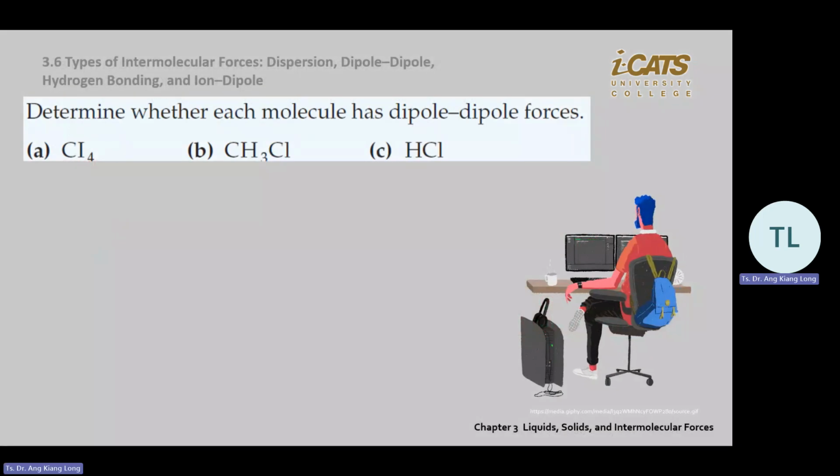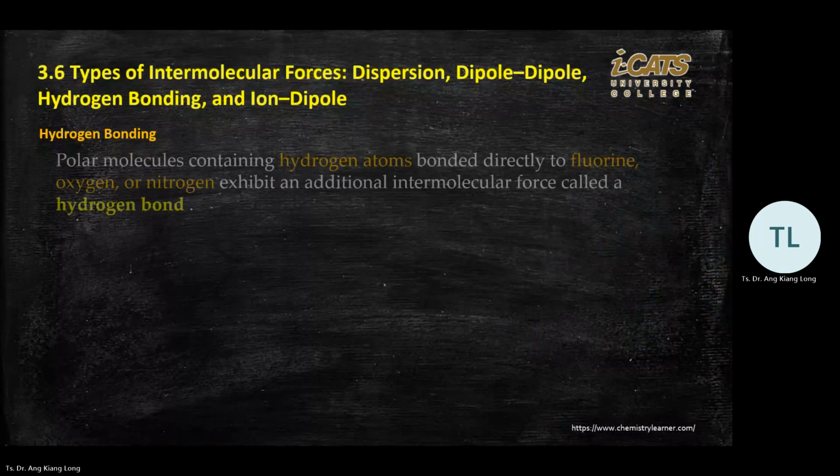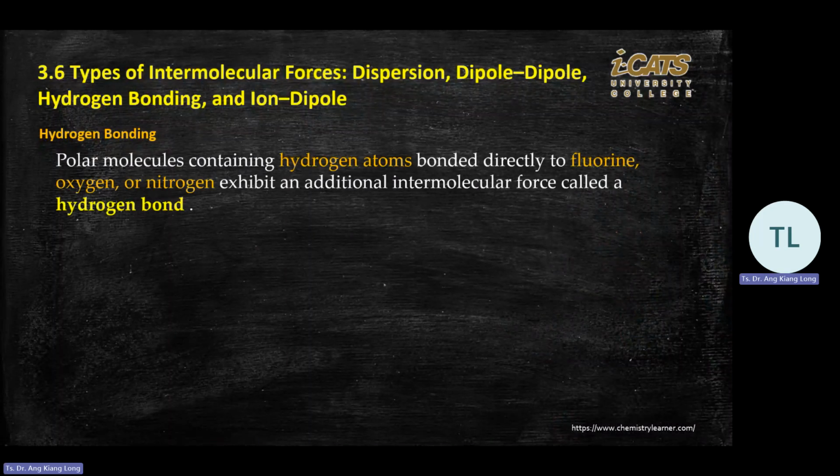So this is another example. Okay, hydrogen bond. Basically, if you have a molecule that has hydrogen in the formula, then basically you may have hydrogen bond. As long as you see hydrogen in the compound, right?